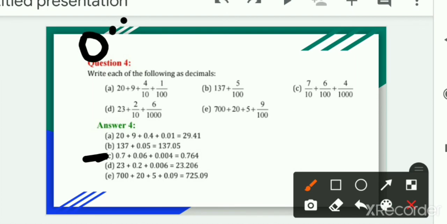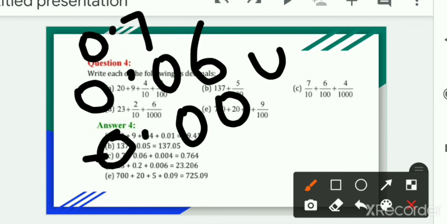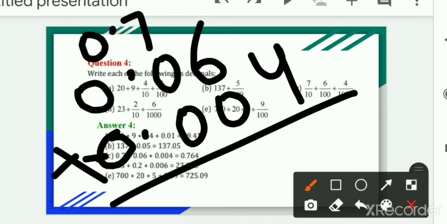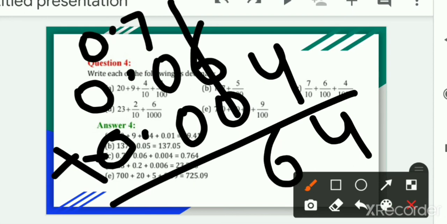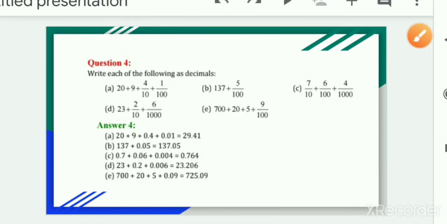This is 0.7, next is 0.06, point should come under point. Next we have 0.004. Now add: 4 under 4, 6 under 6, nothing under 7 so 7, point under point, and 0, so it will be 0.764. Same way you can do all these.